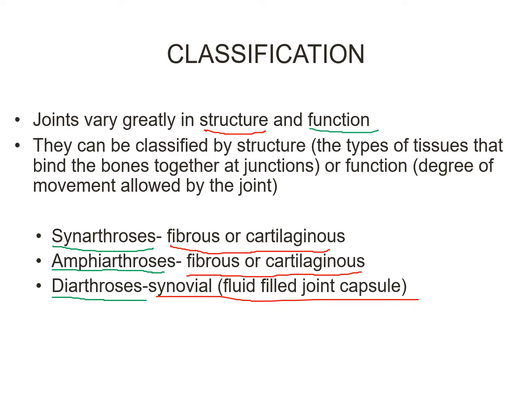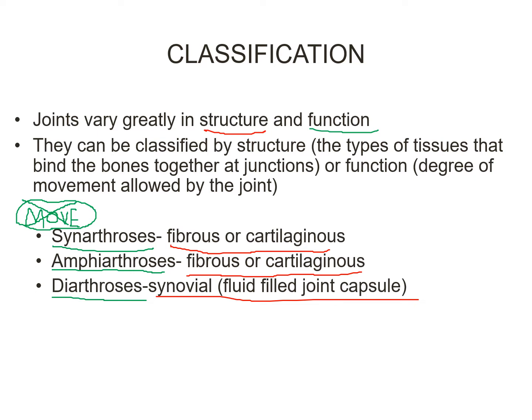And these are immovable joints. So picture a great example are the sutures in your head, right? We learned about all the lambdoid suture and the coronal or sagittal suture, the squamous suture, all that stuff. Those don't move, so that's an example of a synarthrotic joint. They do not move.